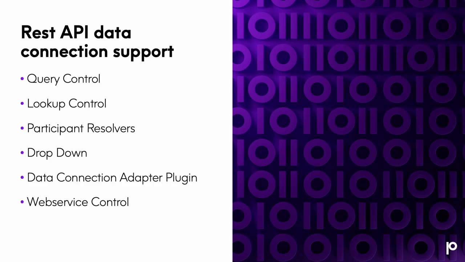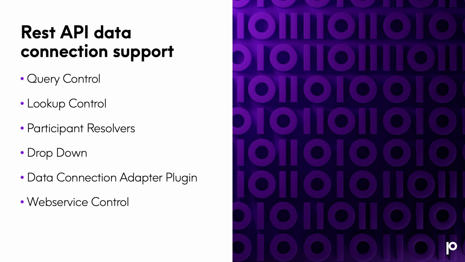So a couple of things we didn't talk about in depth on this, but just some other information around our REST API and data connection support. You get query control, you get lookup control, you've got participant resolvers, sorry. You can get drop-down menus, so you can have this happen in some of the drop-down menus. Great example of this is actually in that third-party support for address validation.